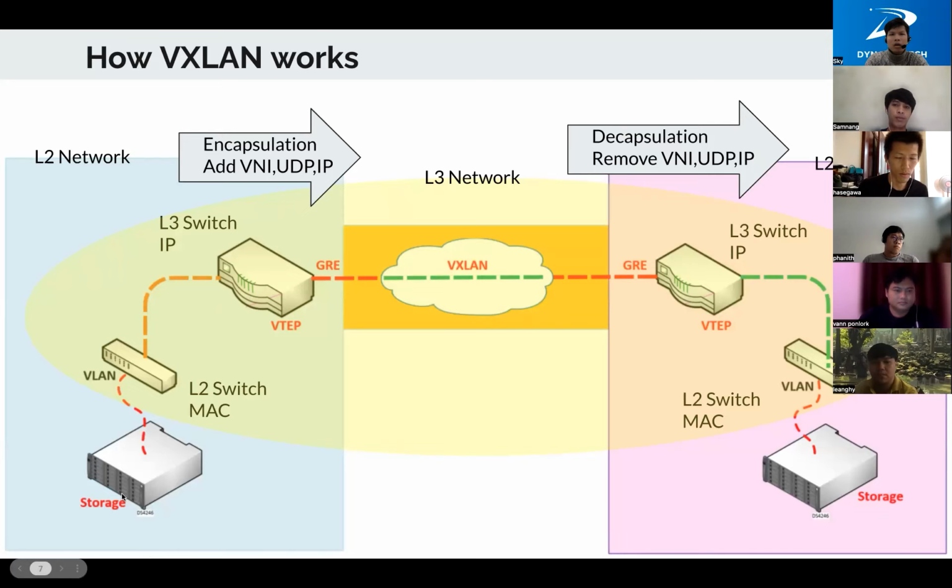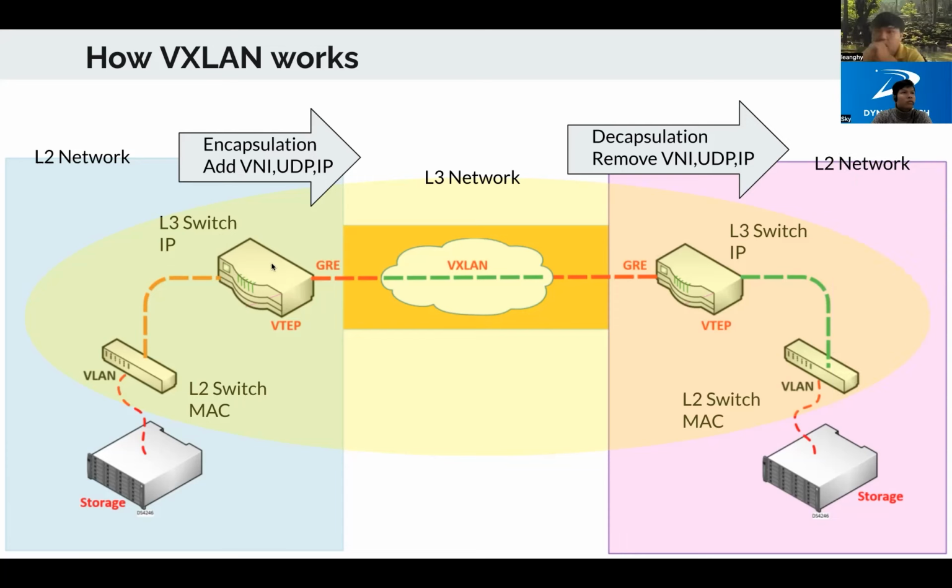So this is some device, and my first request is sent to the L2 switch, and next the L2 switch sends the request to the L3 switch or routers. For now, it's the same as VLAN or an ordinary network.